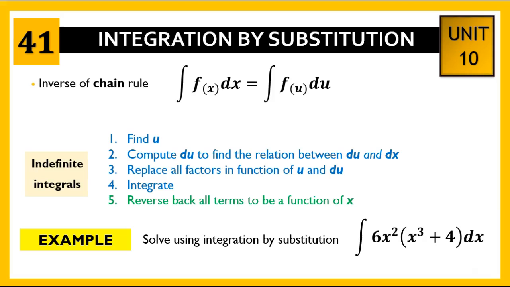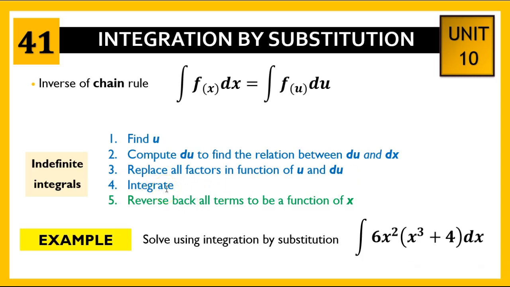The application of integration by substitution follows a similar procedure for indefinite and definite integrals, except in one step. In general, in both cases, we will need to obtain the values of u and du and replace all factors in function of u and du, and then integrate.